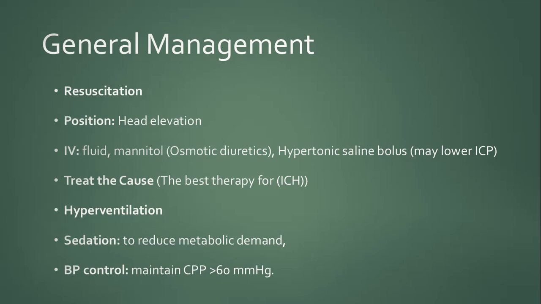Then we can treat the cause, and hyperventilation can be one method to decrease the intracranial pressure, sedation to reduce metabolic demand and activity, and then blood pressure control to maintain cerebral perfusion pressure above 60 millimeters of mercury.